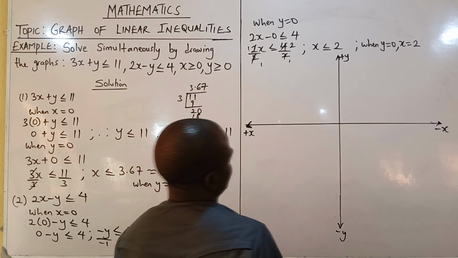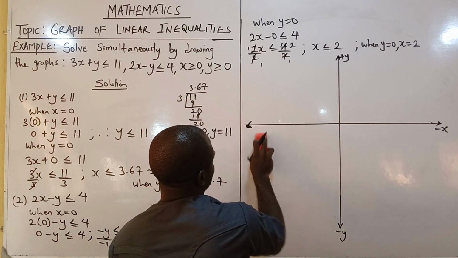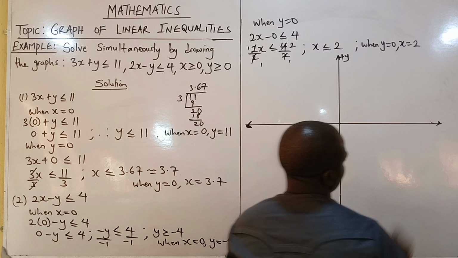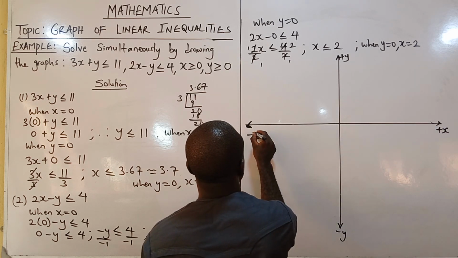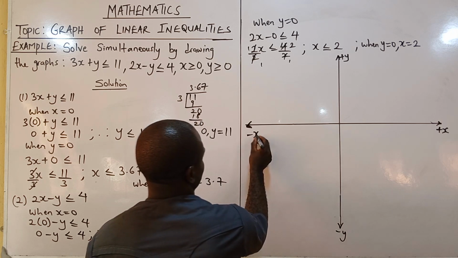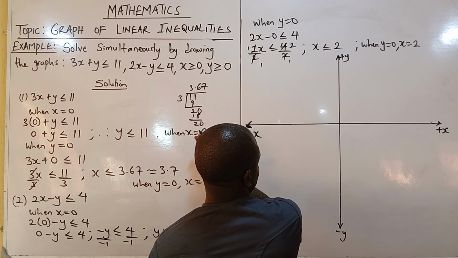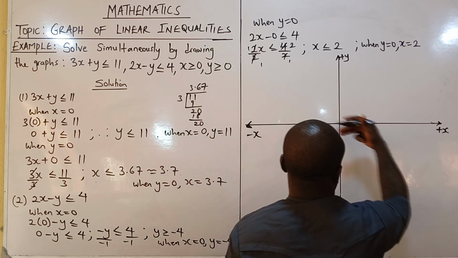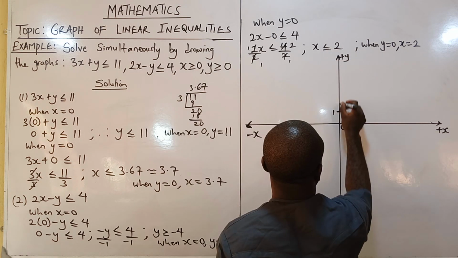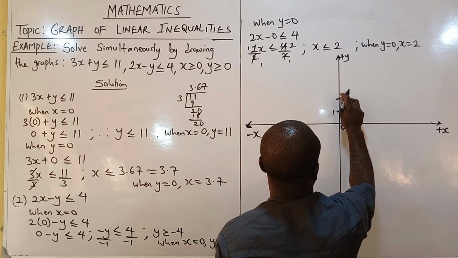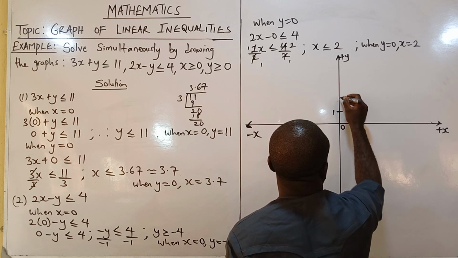From here this is positive x and this is the negative x axis, and from here this is negative y, this is the positive y axis. 1, 1.